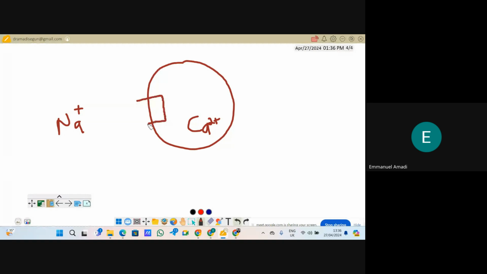Now, this is an antiporter. An antiporter means they are going in opposite directions. A co-transporter means they are going in the same direction. So this is an antiporter, meaning sodium is going to move from the extracellular to the intracellular. So this is the normal movement. On the other hand, calcium leaves from the intracellular to the extracellular.